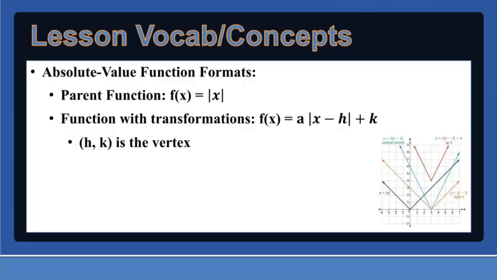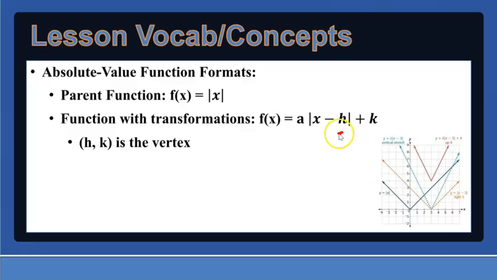But to give you a little bit of information on the transformations, the base format of the absolute value function with transformations would be f of x equals a, which is your dilation, times the absolute value of x minus h, plus your k. Your h and your k are going to be your vertex.